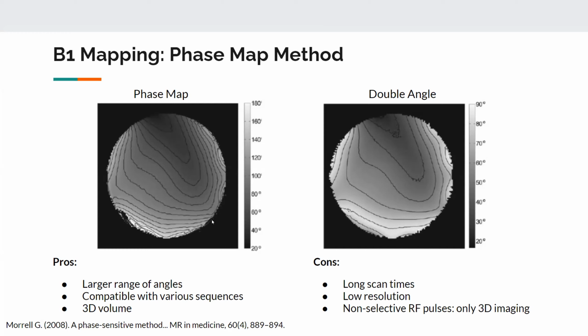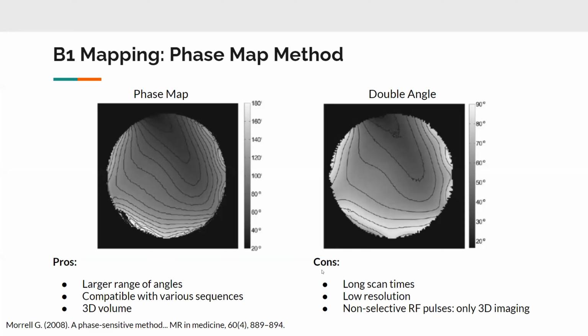So you're able to pinpoint smaller variations in flip. And the phase map method is compatible with various sequences like GRE and EPI, and is also usable for 3D volume. So if the scan that you're wanting to perform has some of these requirements, this is a good method to use.